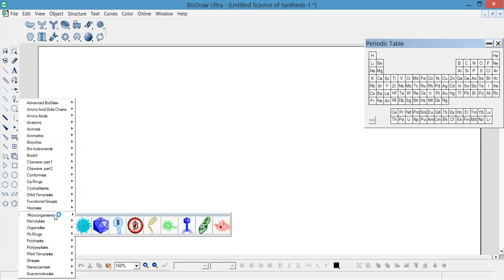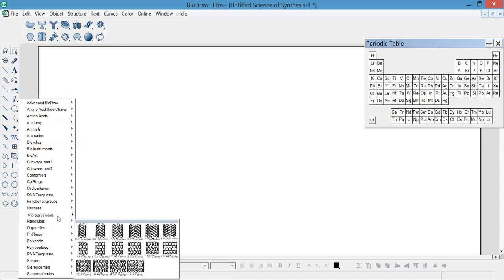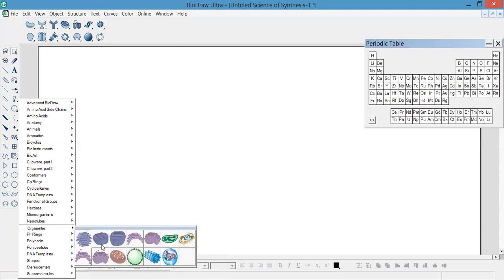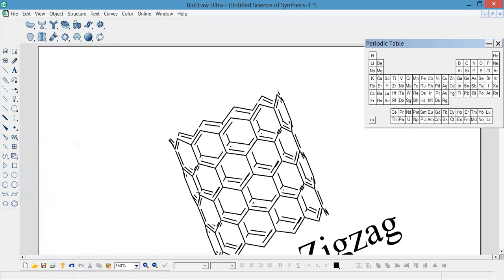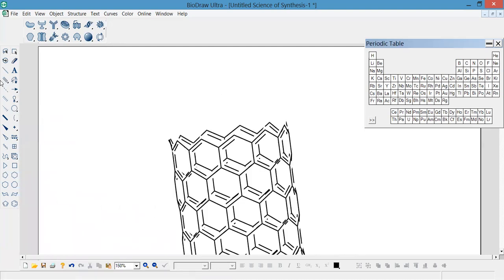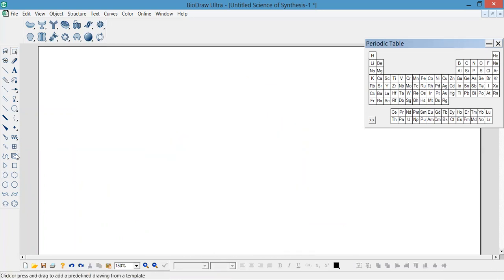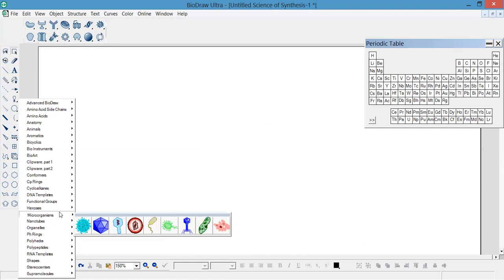These are the different microorganisms like bacteria, fungi, amoeba, protozoa, like this. These are the nanotubes which represent different graphical presentations. See here, this is a nanotube.